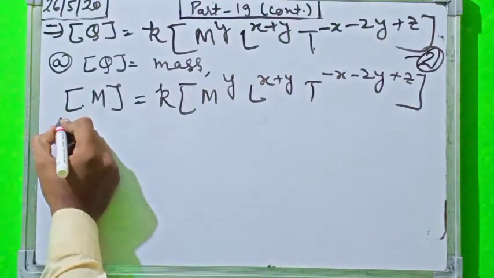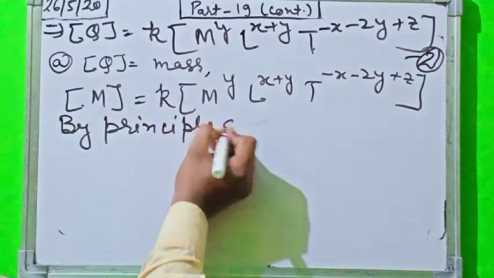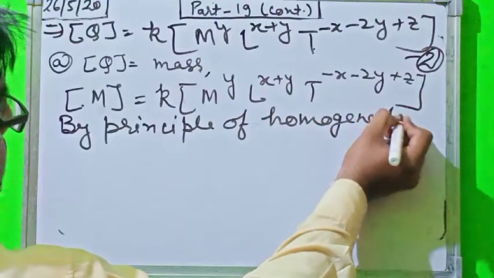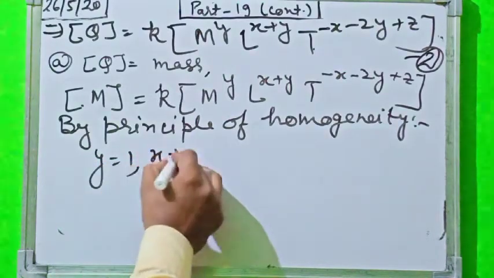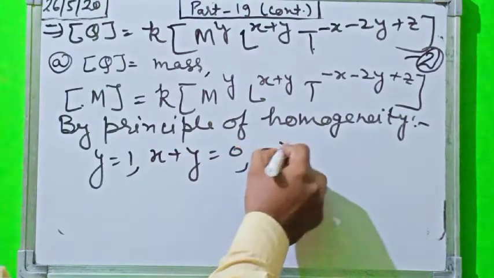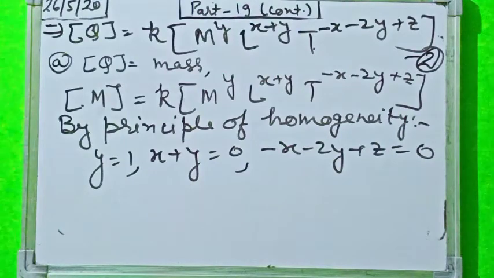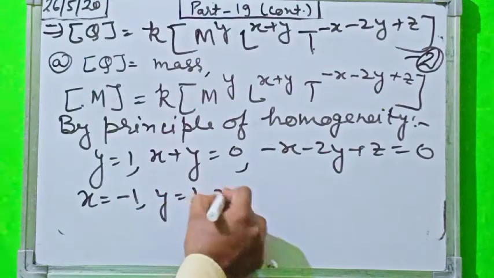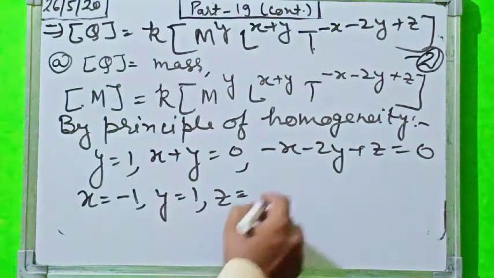So by the principle of homogeneity, y is equal to 1, x plus y is equal to 0, and minus x minus 2y plus z is equal to 0. Putting the value of y here, you will get x is equal to minus 1, y is equal to 1, and solving for z, you will get z is equal to 1 also.